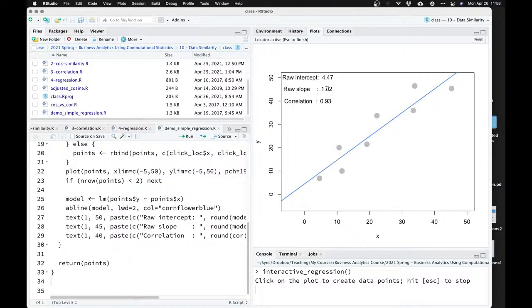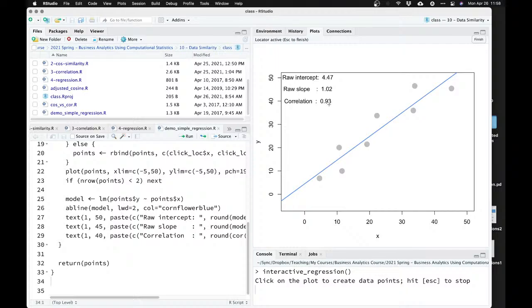It will tell you the slope of the regression. That's the slope of this line. And the intercept. Ignore the scale for now. It'll also tell you the correlation.